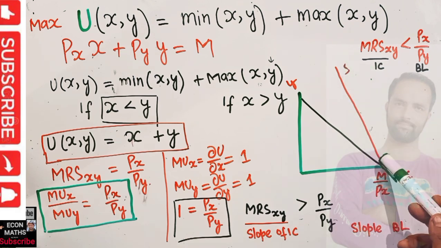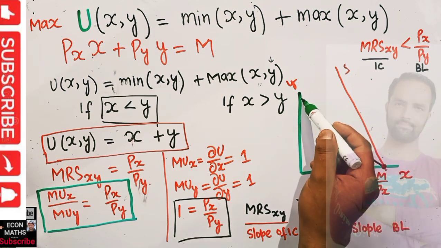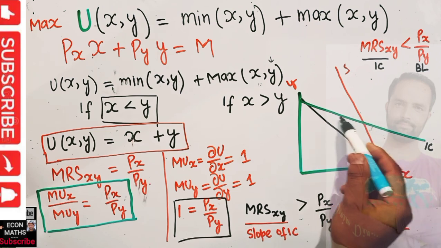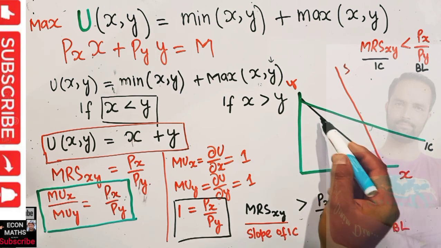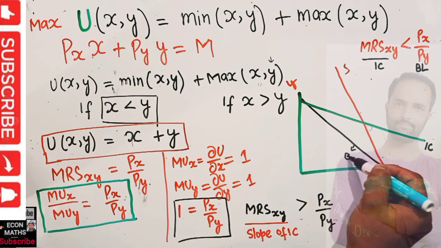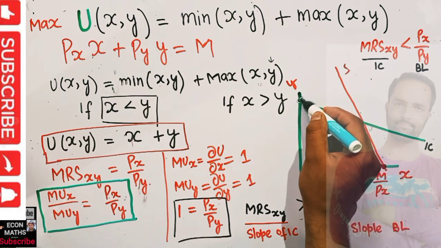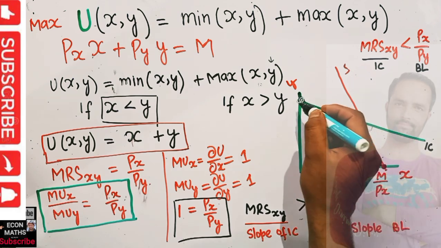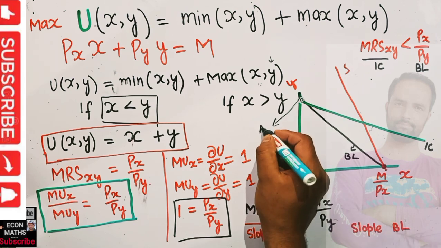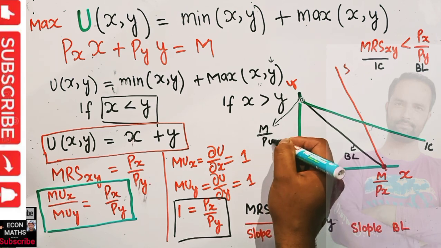Here the slope is greater than this, so here our budget line will be something like this. So this is our indifference curve here. Here you can see the slope of the green line is less than the slope of this, and this is our budget line. So in this case the consumer will consume at this point, that means it will consume all units of y, and optimal consumption will be m upon price of good y.